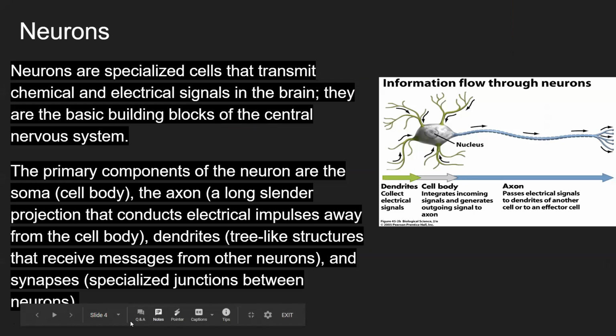The primary components of a neuron are the soma, or cell body, and the axon, a long slender projection that conducts electrical impulses away from the cell body, and dendrites, tree-like structures that receive messages from other neurons, and synapses, specialized junctions between neurons.